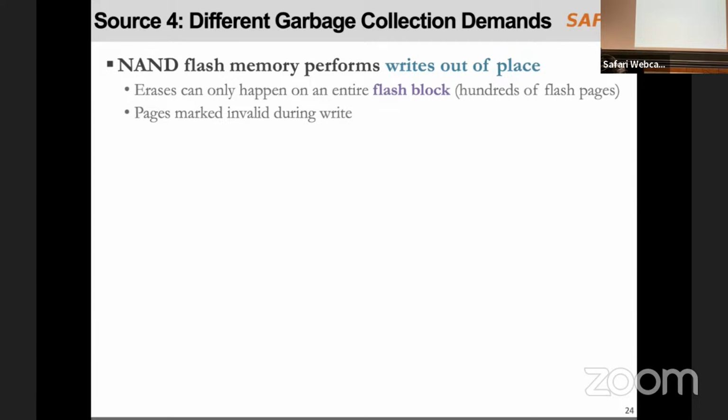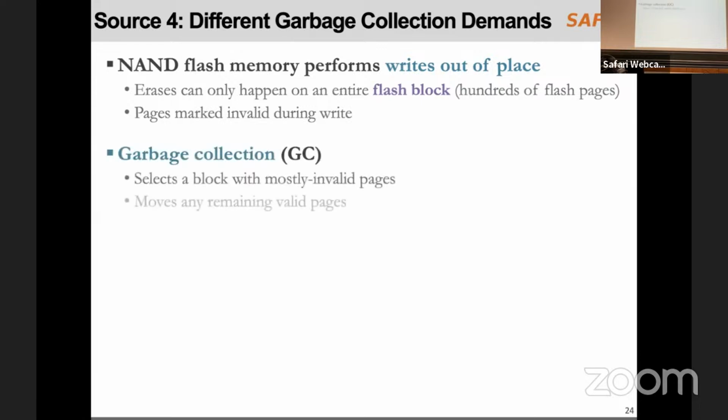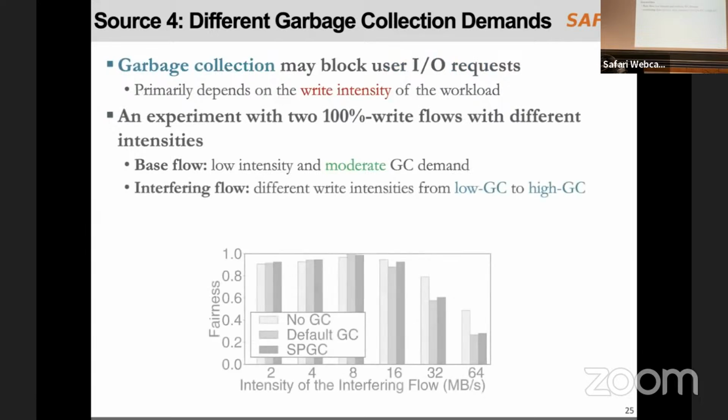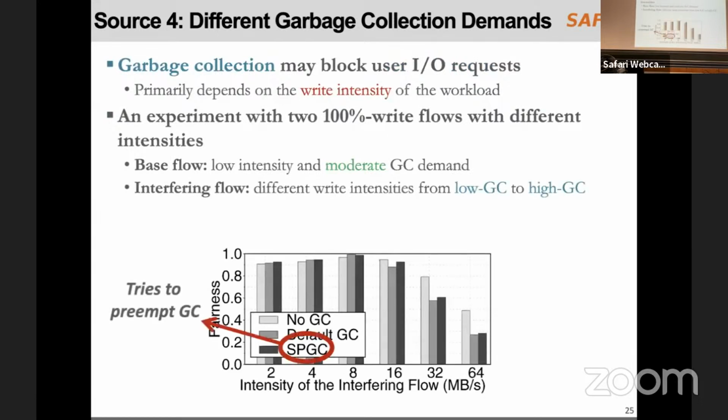So the application that has a lot of writes can be considered a noisy neighbor for another application that has only reads. So again, this effect of garbage collection can cause a lot of unfairness for the application that doesn't really issue garbage collection. You can check the paper for more detail, but I gave you the overall idea about it.